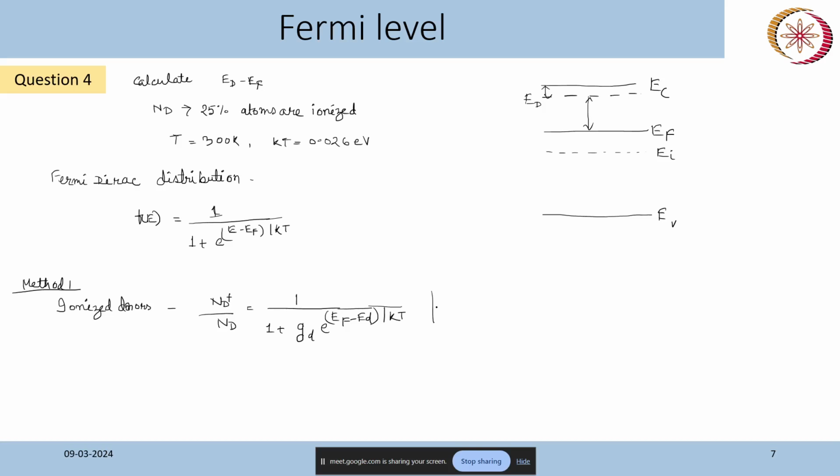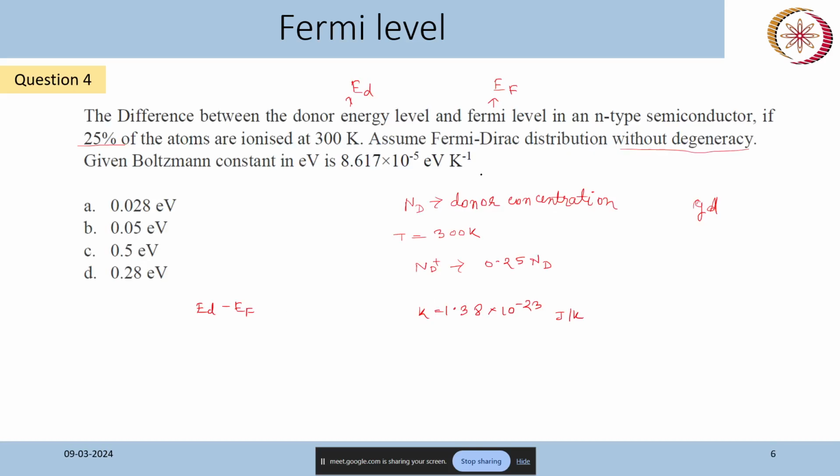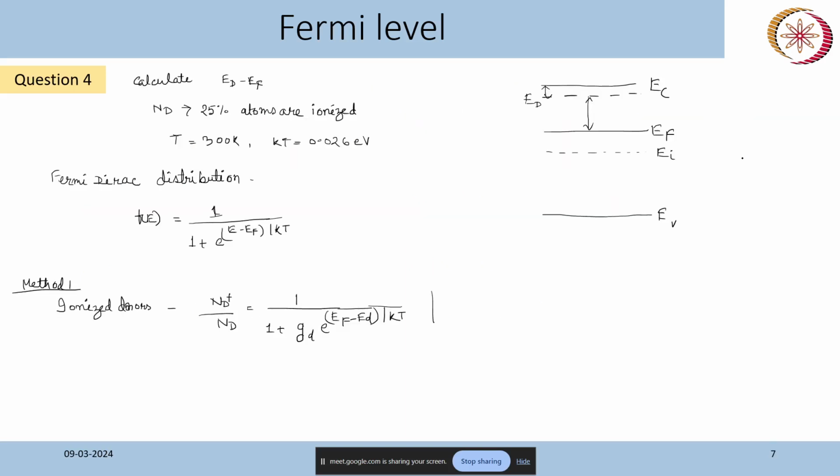So this is the formula. Here it is given to consider the Fermi-Dirac distribution without degeneracy, so in this expression ZD will be equal to 1. ZD is the degeneracy term.